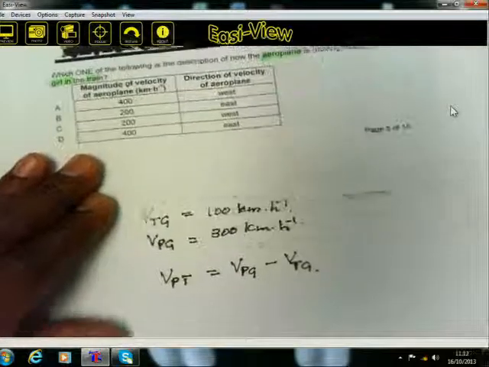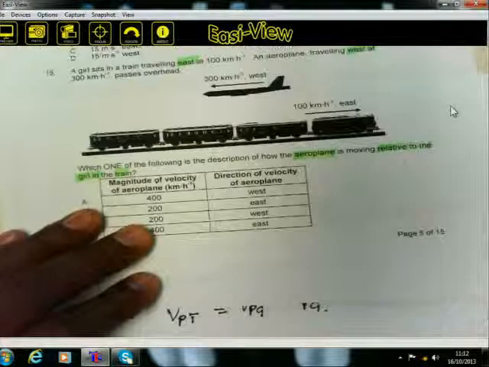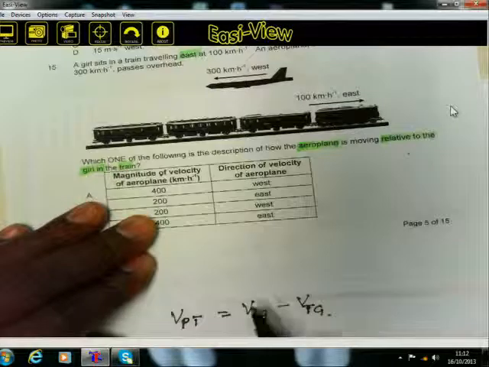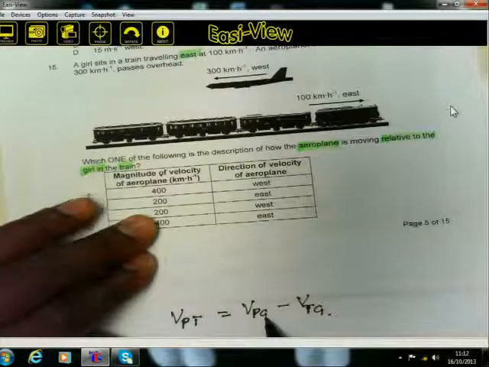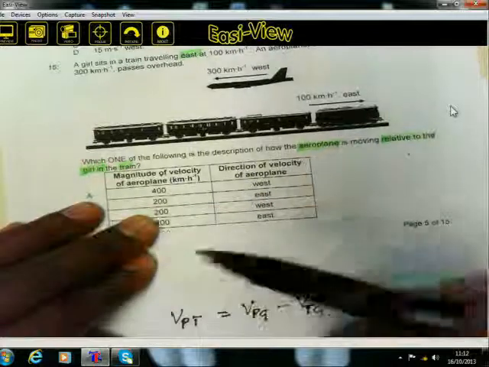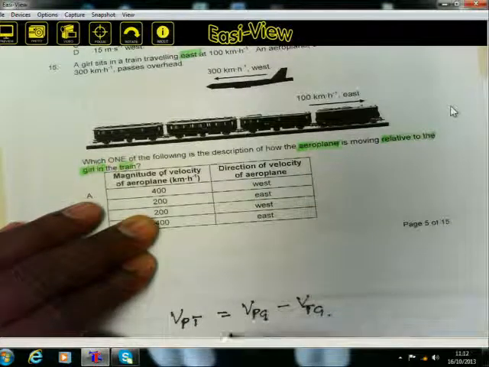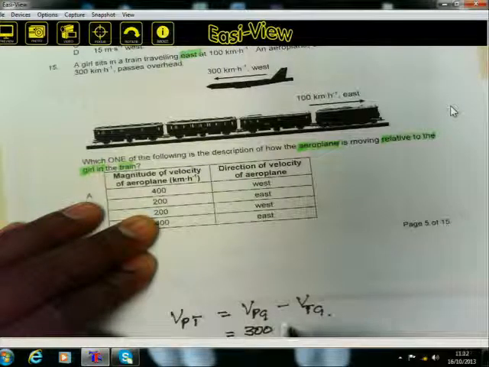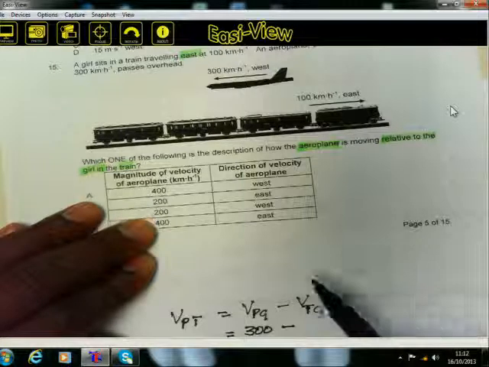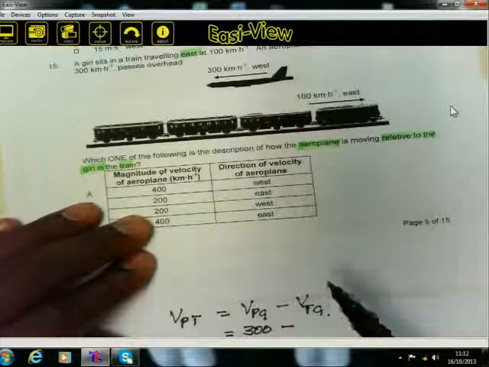Now we go back. We don't have that information. Let's go back here. The velocity of the plane relative to the ground: the plane is moving in the direction west, and that is the direction that we chose as positive. So we will write that as 300 positive minus the velocity of the train relative to the ground.